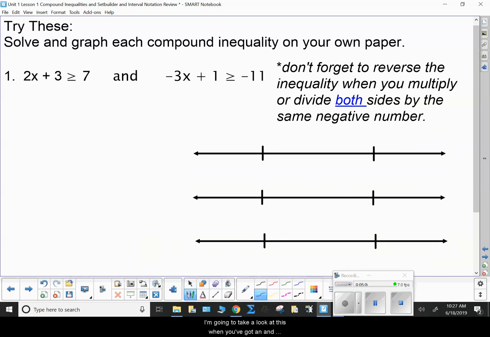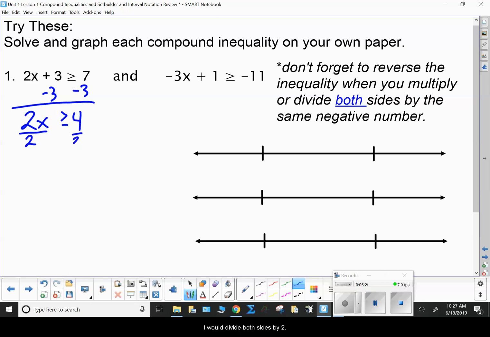When you've got an and inequality set up like this, simply solve each one individually. So over here, I would subtract 3 from both sides, and I have 2x greater than or equal to 4. I would divide both sides by 2, x greater than or equal to 2.